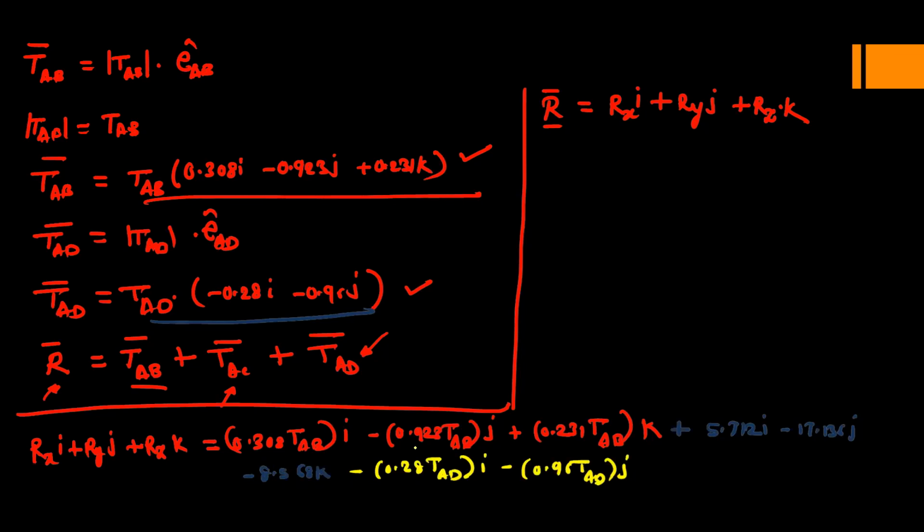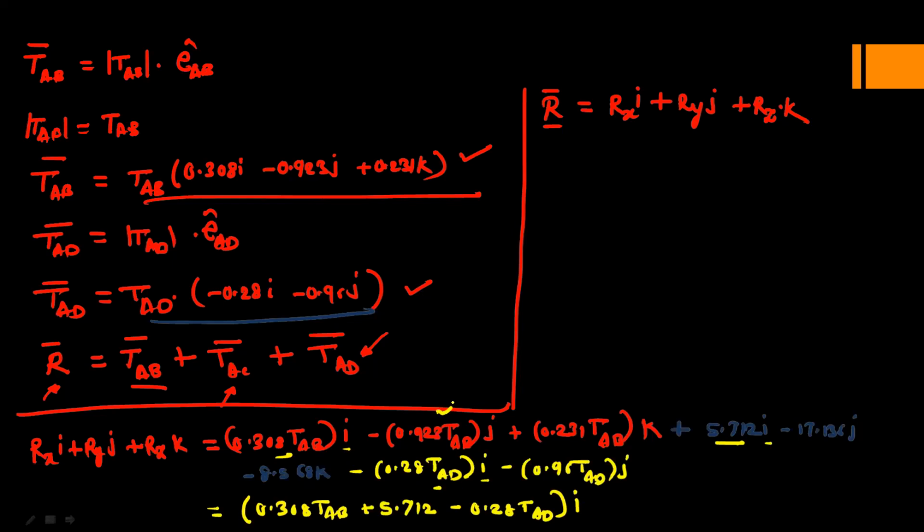Now from this equation, take the i terms common. You will get 0.308 tension AB plus 5.712 minus 0.28 tension AD, multiplied by unit vector i.